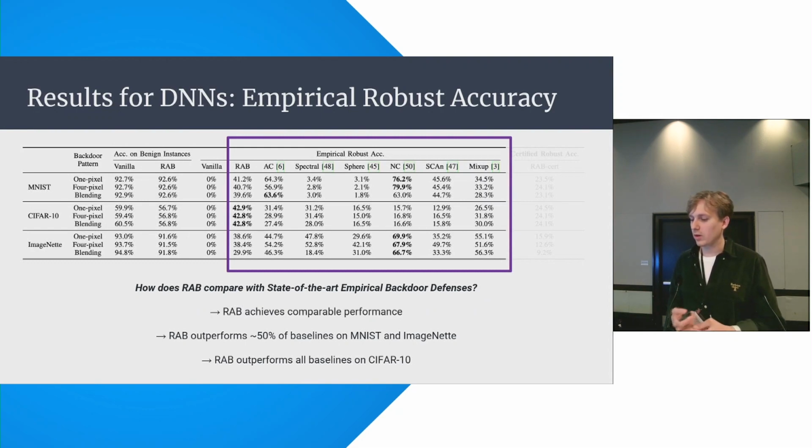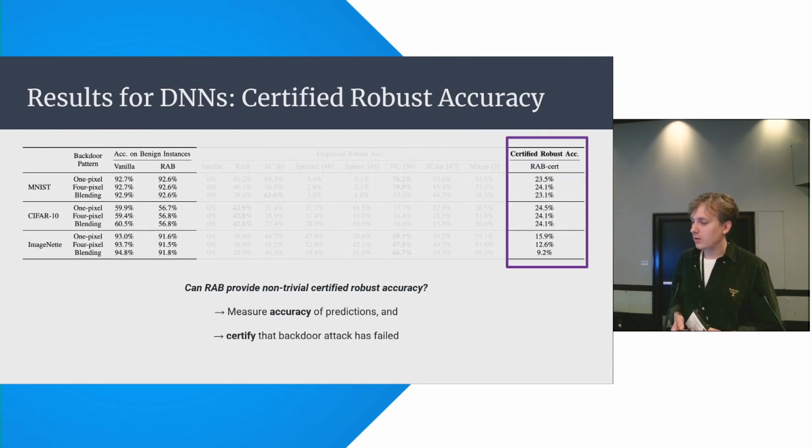So here we ask, how does RAB compare with the state-of-the-art empirical backdoor defenses? And what we found is that even though RAB is not designed as an empirical defense, it can still achieve similar or comparable performance to the baseline methods that are designed as an empirical defense. And finally, and this is the strong thing about the RAB pipeline, we also provide certified accuracy.